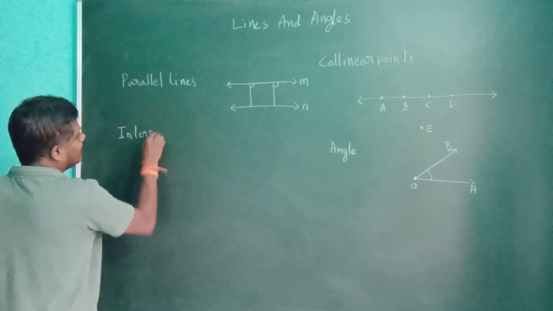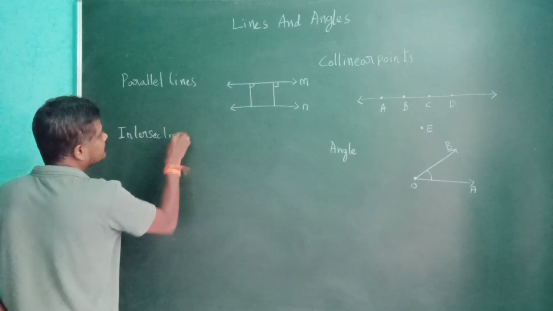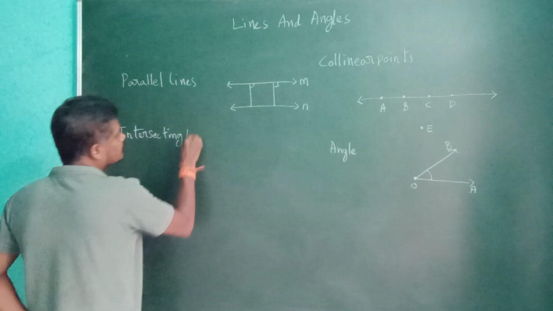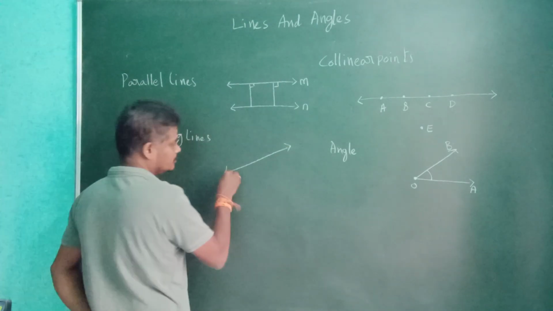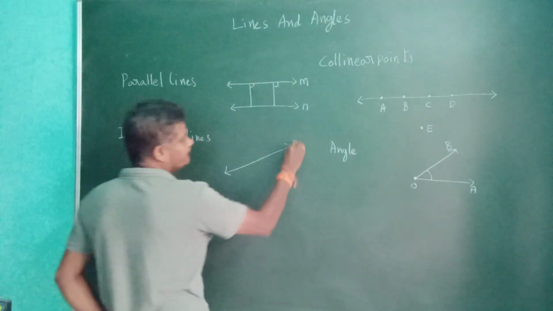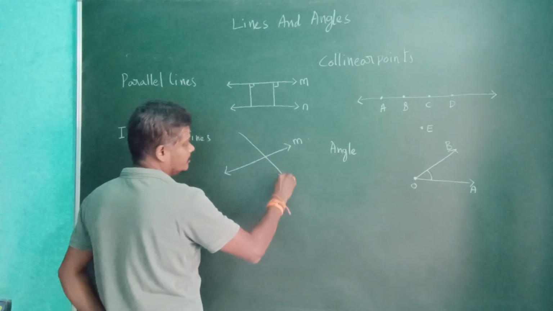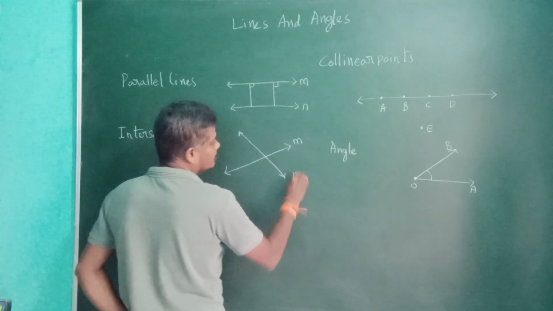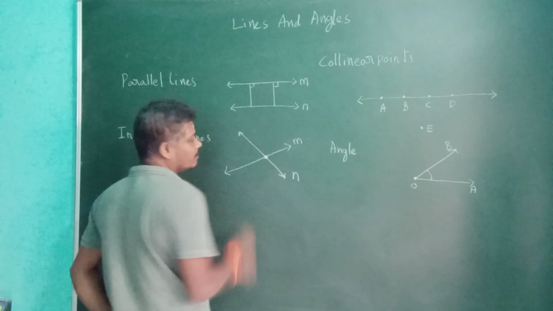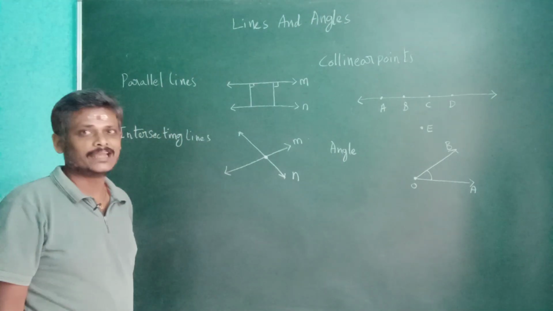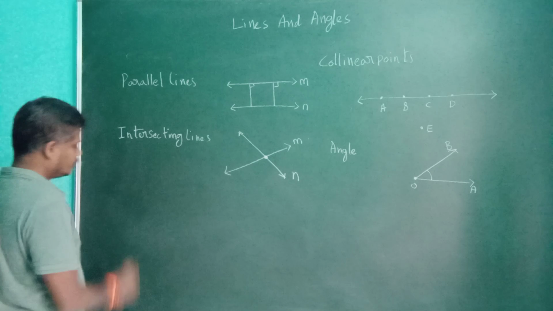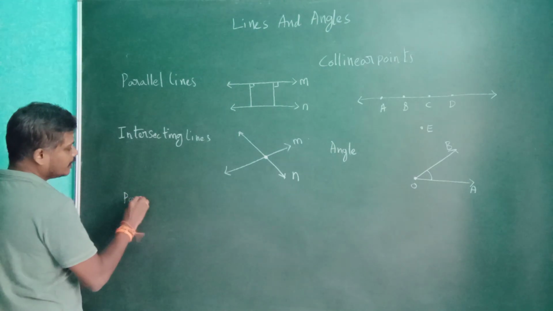Intersecting lines. If two lines M and N have one common point or intersecting point, then they are called intersecting lines. Third one is perpendicular lines.